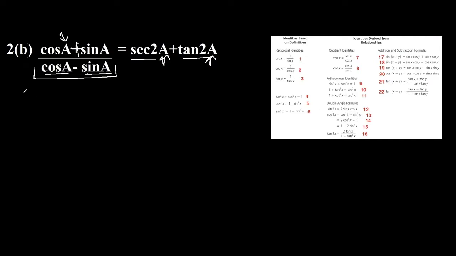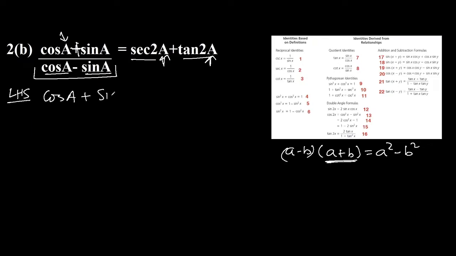So let's write LHS first, and because we know an identity which is (a minus b) multiplied by (a plus b) equal to a square minus b square, and that will make it cos square x minus sine square x if I multiply by a plus b. So let's do it. (Cos a plus sine a) over (cos a minus sine a).